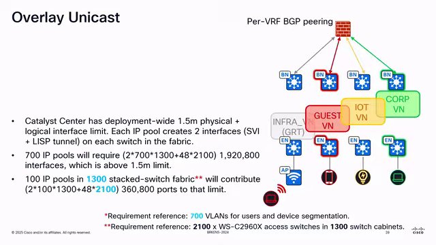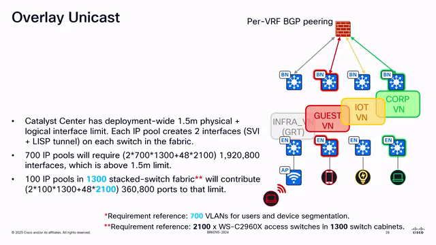All right? So suddenly now, if you have 700 subnets times 2 interfaces, times the number of logical switches, 1,300, and then we add physical switch ports, so 48 ports times 2,100, we're arriving at almost 2 million interfaces, just like that. It would be really painful to find out halfway through the deployment that you maxed out your Catalyst Center appliance, right? So something to keep in mind.